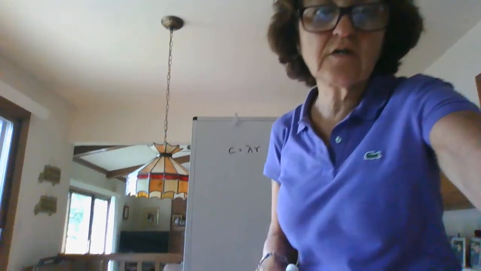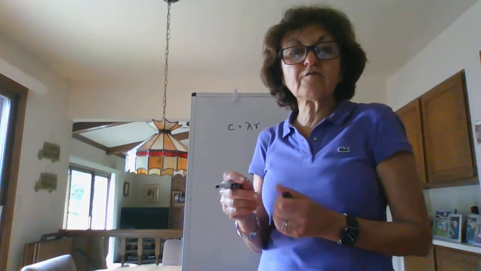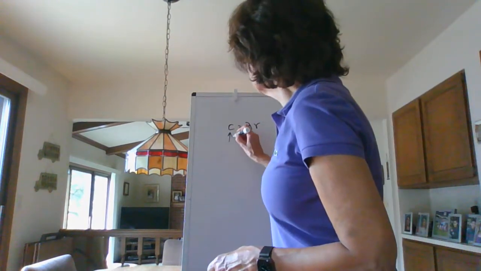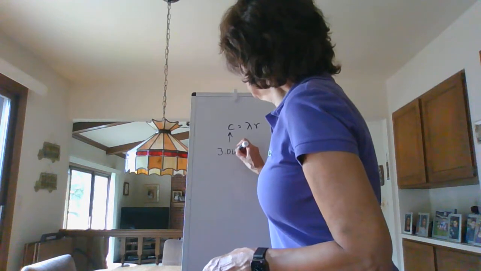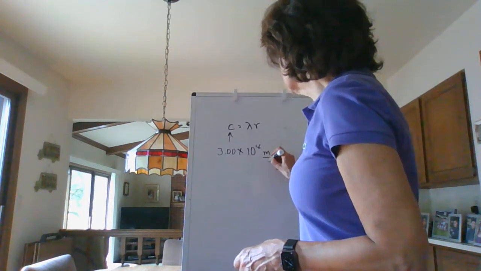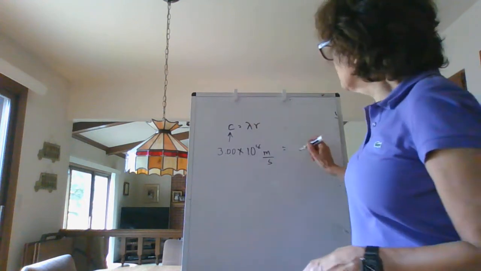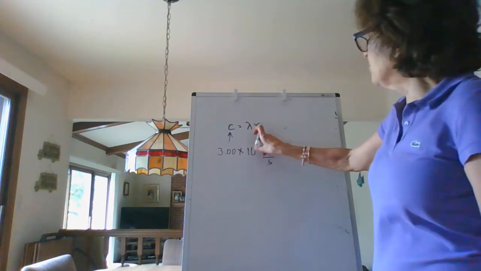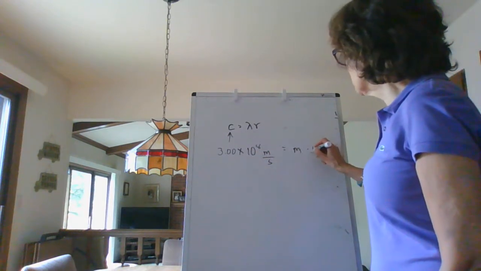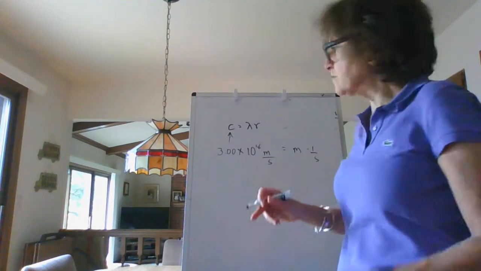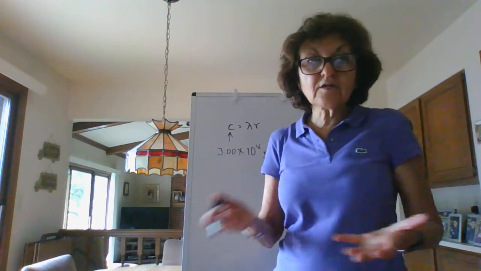That's the first of the 4 that you need to know. c, which is the speed of light, is 3.00 times 10 to the 8 meters per second. So lambda would be in meters, and nu is per second, so that's where we get these units from. Okay, so plug and chug.